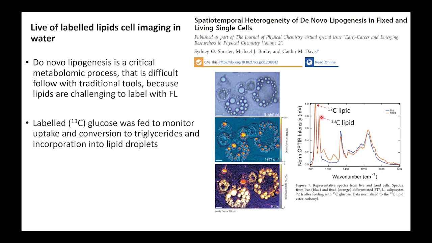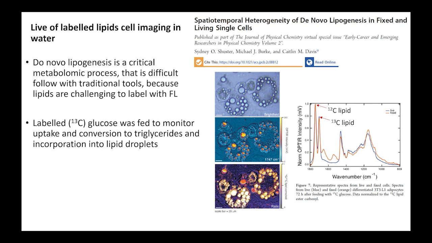And we can take advantage of the single frequency imaging here to image at the C12 band, at the C13 band, and then ratio those. So now the intensity of this color tells us something about the ratio of those two bands. So that's really where the spatio-temporal heterogeneity comes from. We can image these as a function of time. So you have the temporal and you have the spatial components there as well.